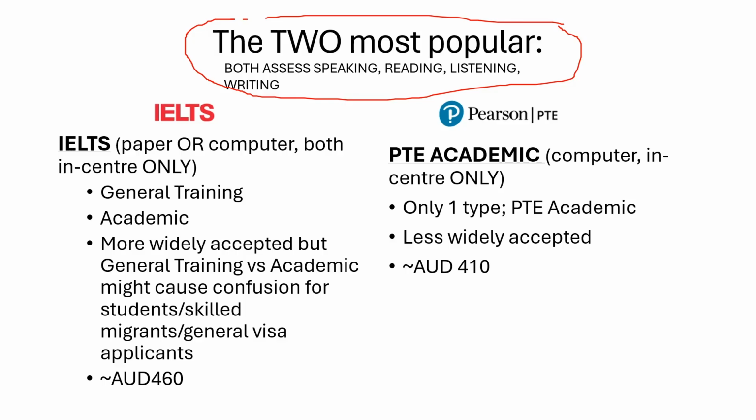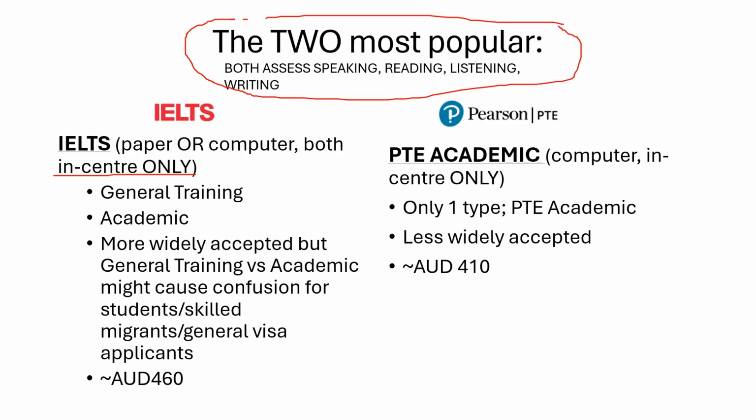Now, PTE Academic is gaining popularity, but for reasons unknown to me. Okay, so let's talk about the 2 tests. IELTS can be done on paper or on computer, but only in test centers. You are not allowed to apply for a visa using results from a test that you did at home called IELTS Online. You can't do that. Okay, there are 2 types, general training and academic.